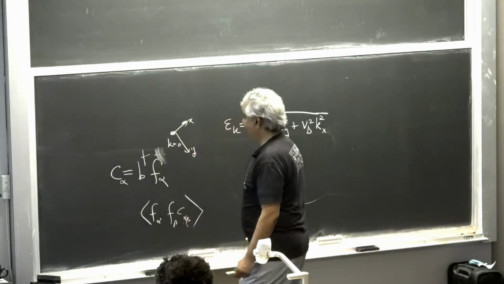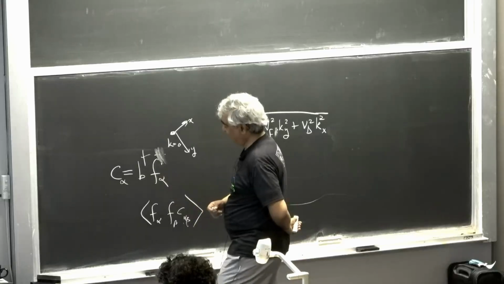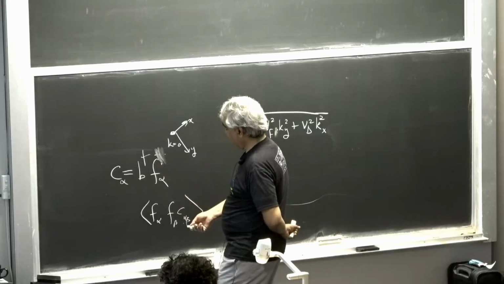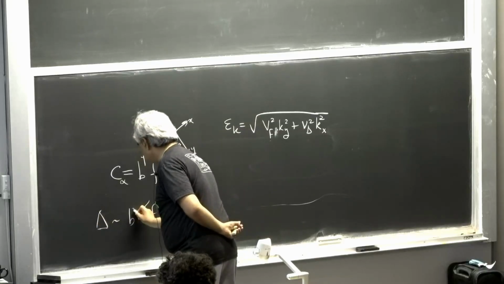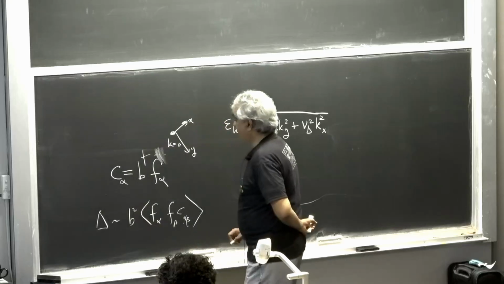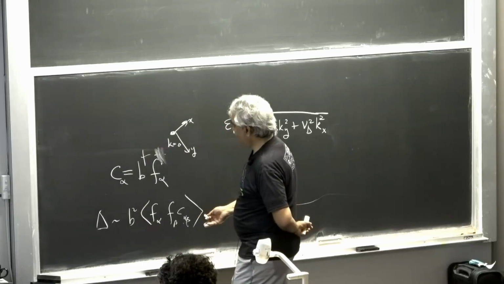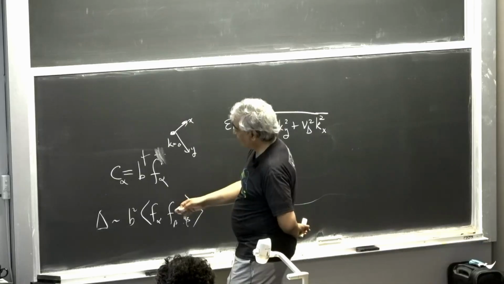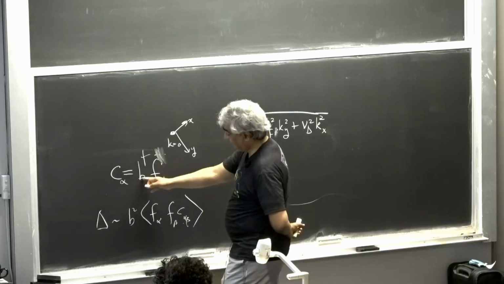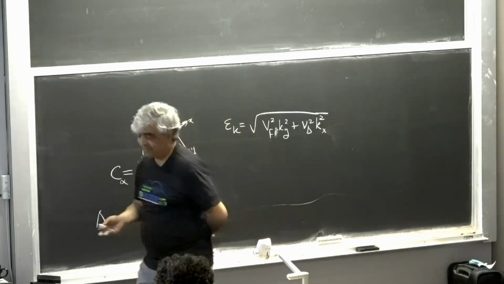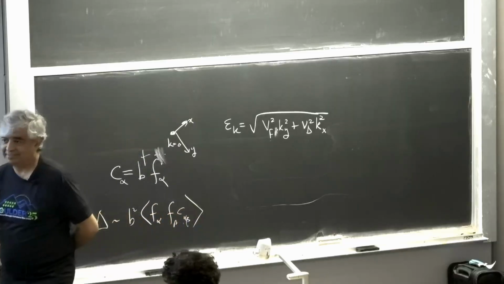Then in the spin liquid, you just condensed B that carried all the density, and so the superconducting pairing was just B squared. The dispersion of the quasiparticles, at least at small delta, was entirely given by the dispersion of the spinon, because B is just a constant. And so Vf and V delta were the same.